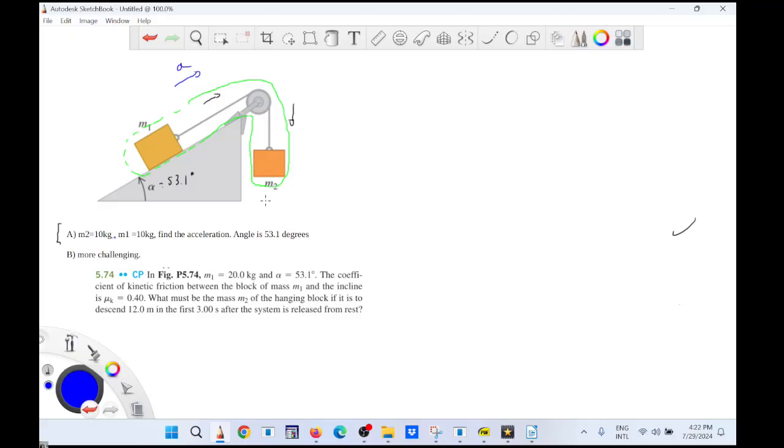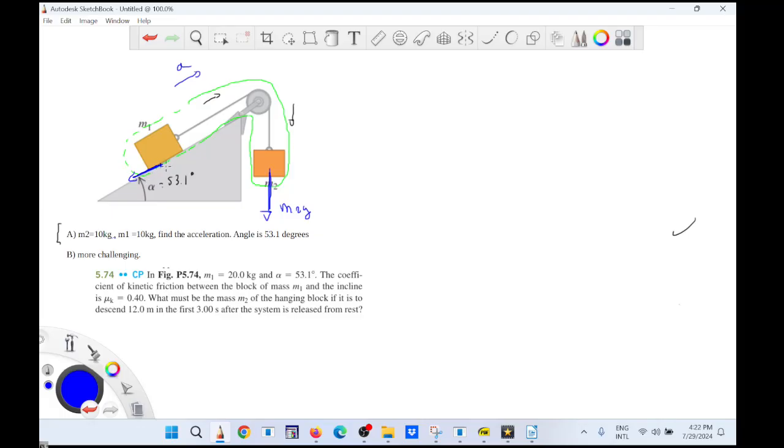So the driving force, what makes the bag fall, is the weight of M2 g, and what is slowing it down will be the component of the weight along the inclined plane.